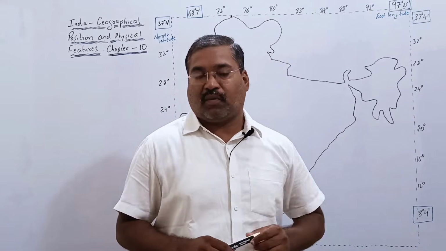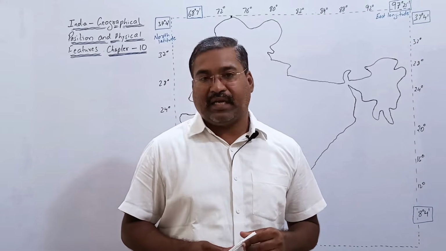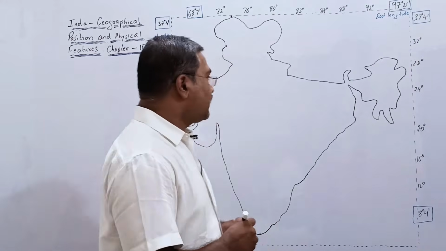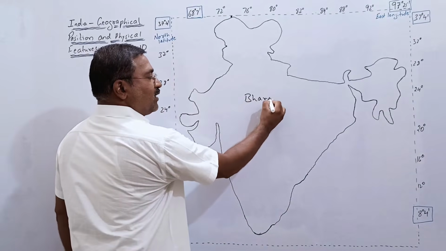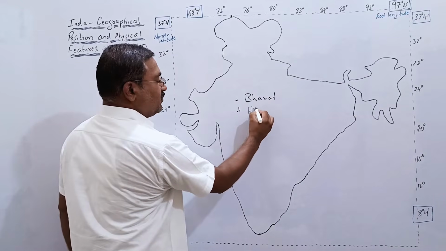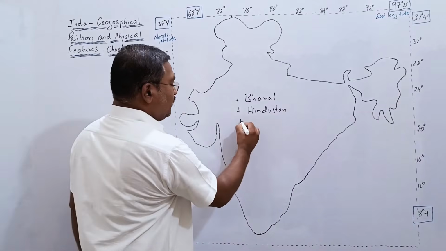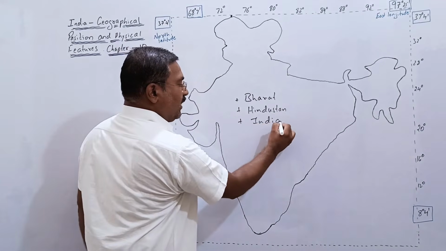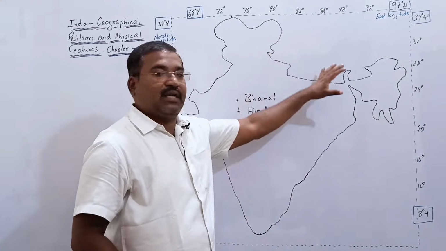Let us begin our topic by understanding the country called India, which is known by different names called Bharat as well as Hindustan. Three different names are given to this land.